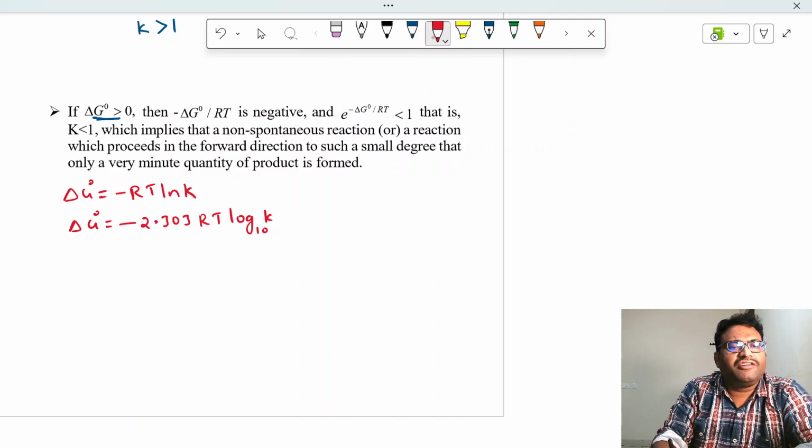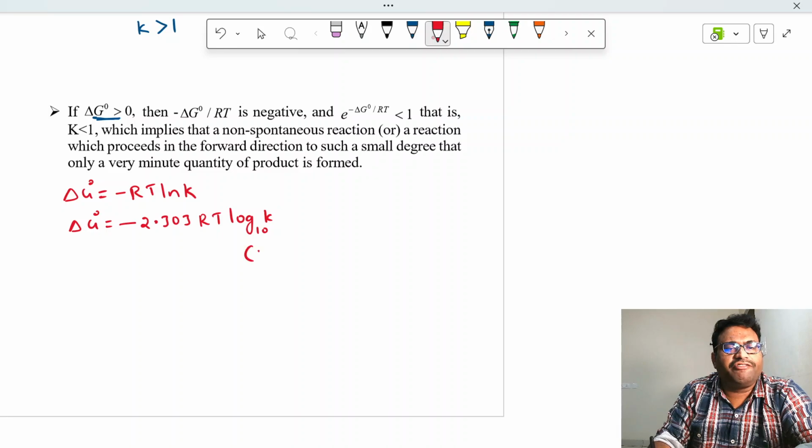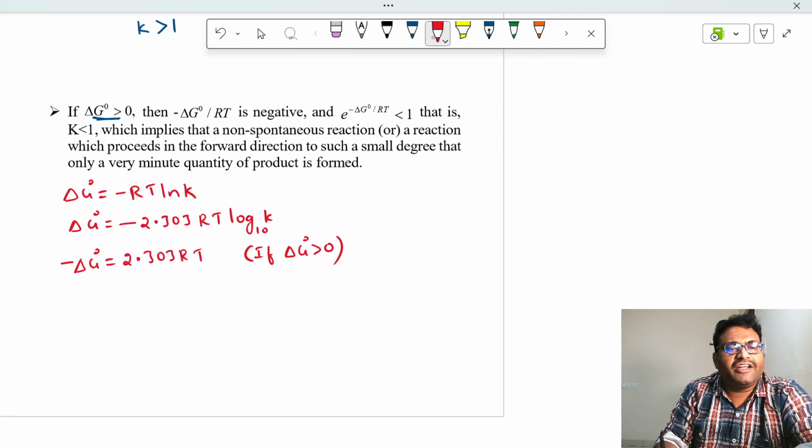The condition is delta G naught greater than 0, that means positive. So the same reaction I can write as minus delta G naught is equal to 2.303 RT log K.